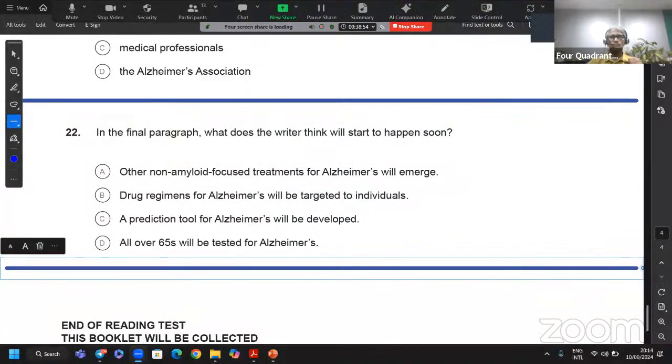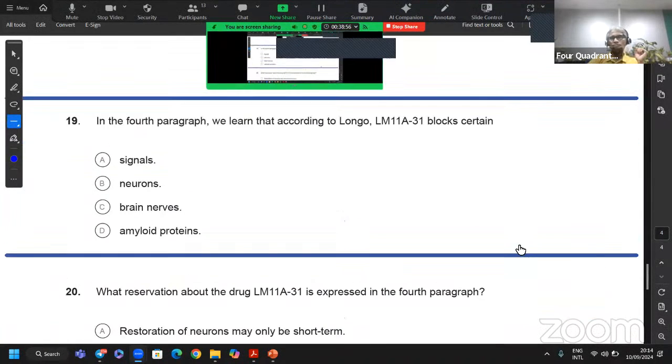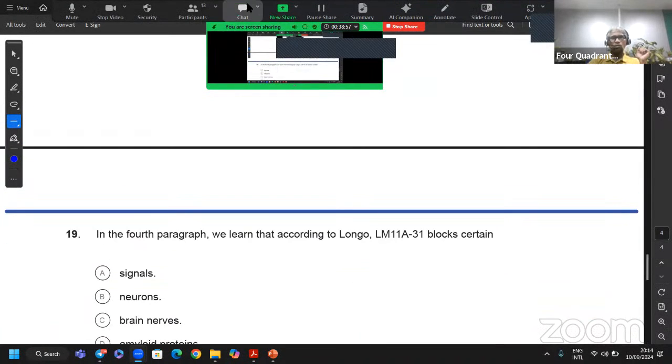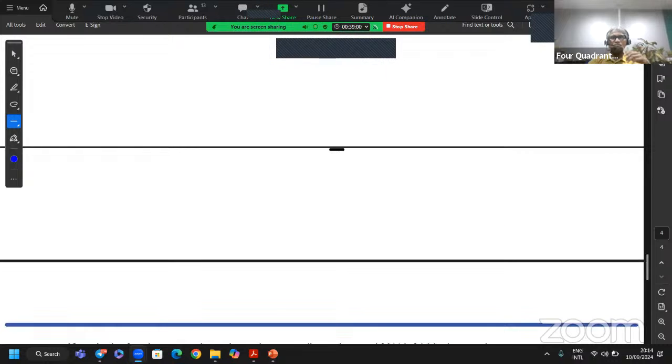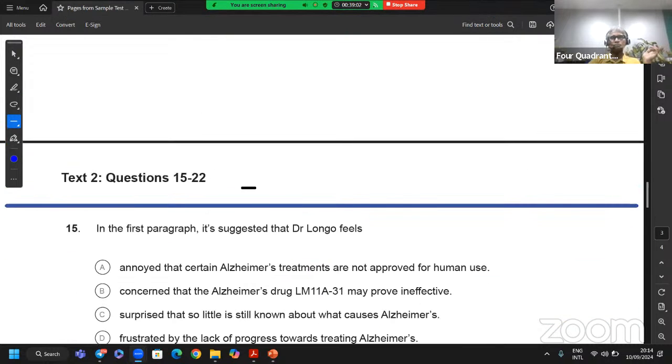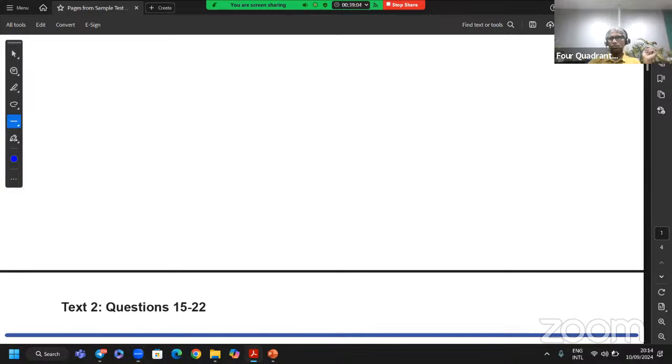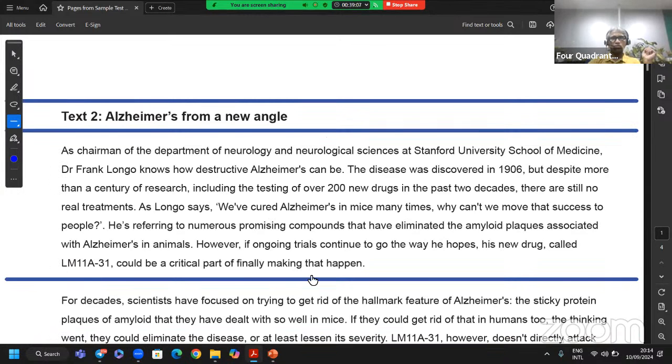Now coming to the point. Now here the steps are, first I went to the passage and I made the separators. You can see the separators paragraph-wise.